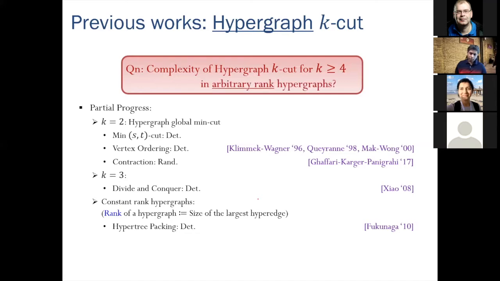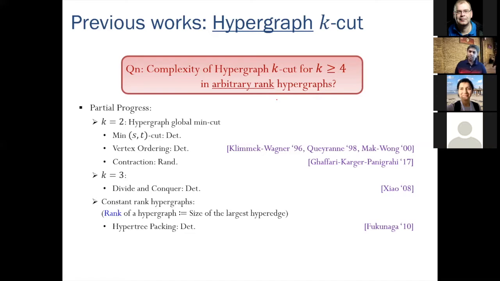So what is open is the complexity of hypergraph k cut for k at least 4 in arbitrary rank hypergraphs. That is when the input hypergraph could have large hyperedges, with size as big as n over 2 or n over 4 and so on.